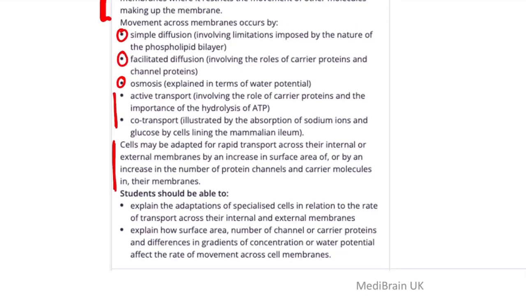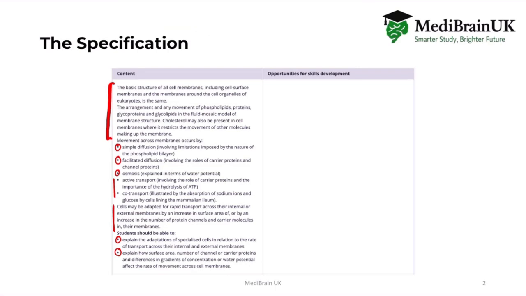I don't have a specific slide, but this is content you'll be required to know, which we will look at. And then this is your application exam questions that we will look at in our next lesson.